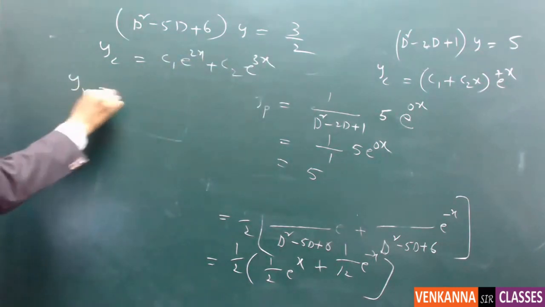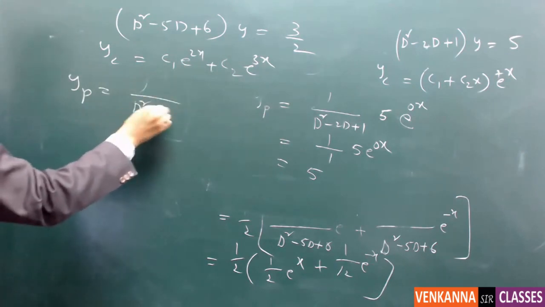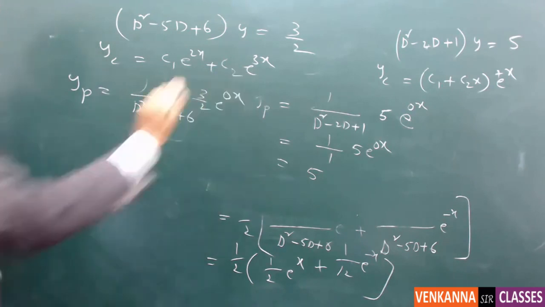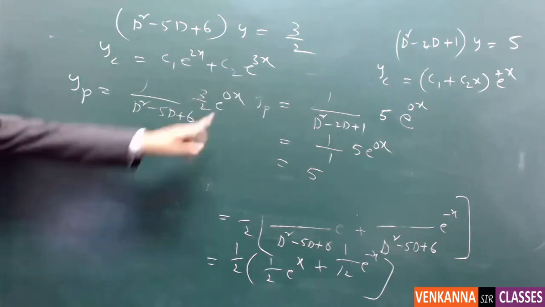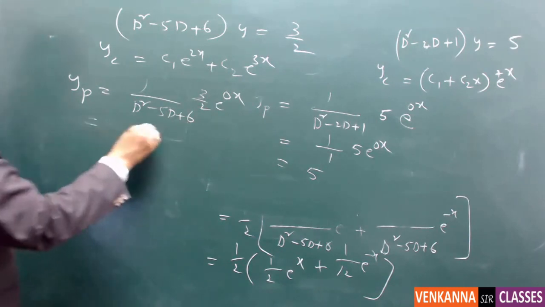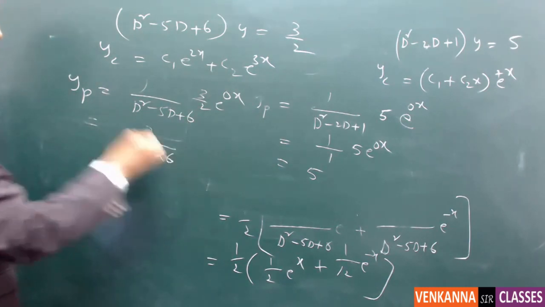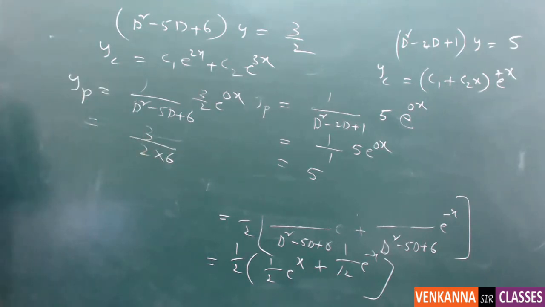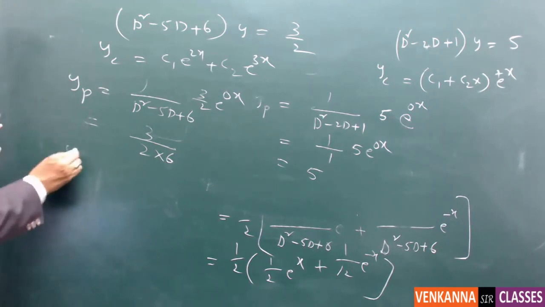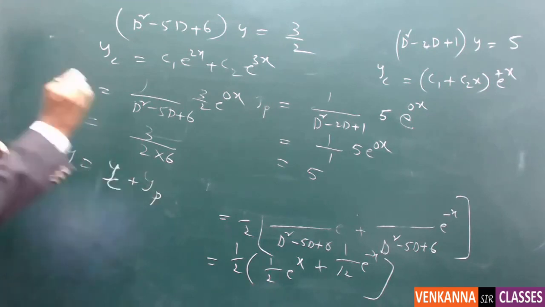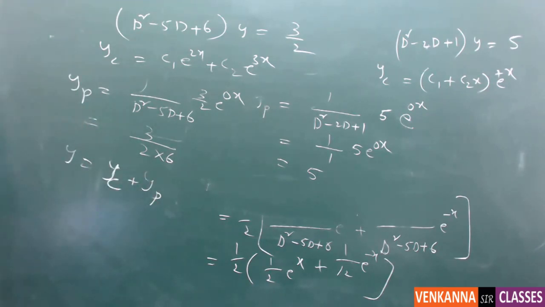For yp, 1 by d square minus 5d plus 6 into 3 by 2 into e power 0x. If you substitute 0 here, the constant comes by default. So it is 3 by 2 into 6, that is nothing but yp. So the general solution is as usual y is equal to yc plus yp, in writing the final solution.